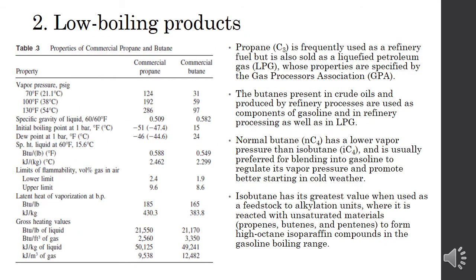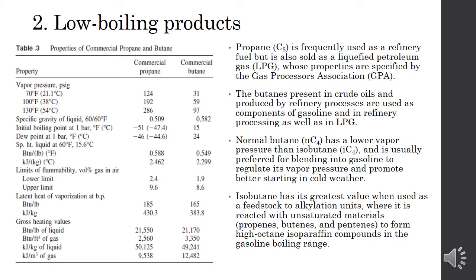The next gaseous compound is propane. Propane is frequently used as a refinery fuel, but it is also sold as a liquefied petroleum gas (LPG), whose properties are specified by the Gas Processors Association.